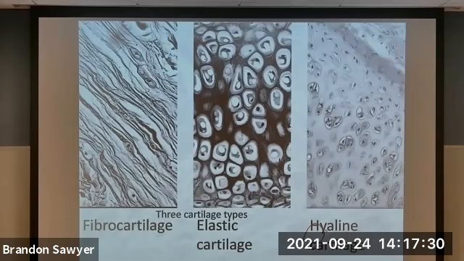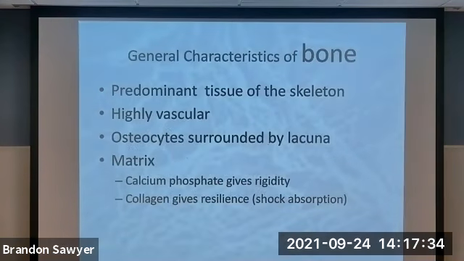All right, let's talk about 2 other tissue types here. So the first one is bone, okay? So bone, again, is highly vascular, obviously the predominant tissue of the skeleton. What we have inside a bone are called osteocytes, okay? So anytime we see that prefix osteo, I'm thinking of something related to bone, okay?